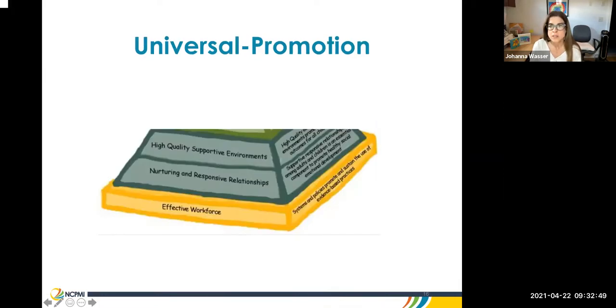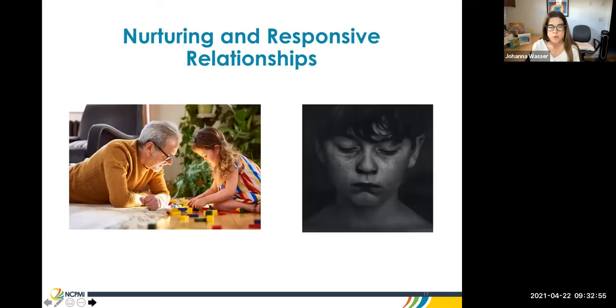Okay, so using those universal practices, we're looking at those relationships and those supportive environments. What we know about challenging behavior is sometimes it's sparked due to a child trying to receive some sort of connection with an adult or others. So we want to really look at how we are connecting with all children in the classroom environment.